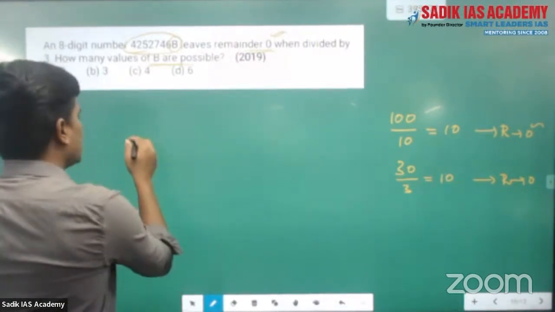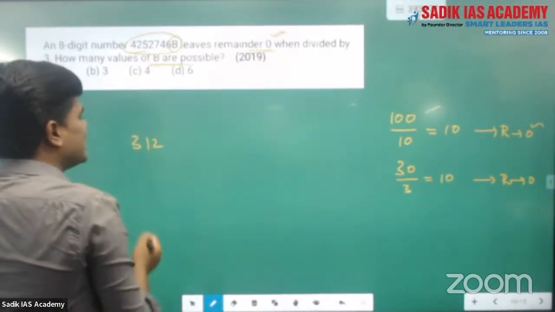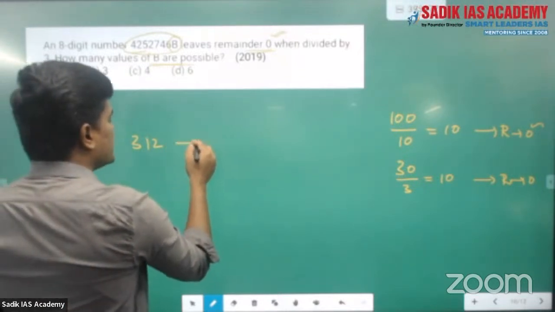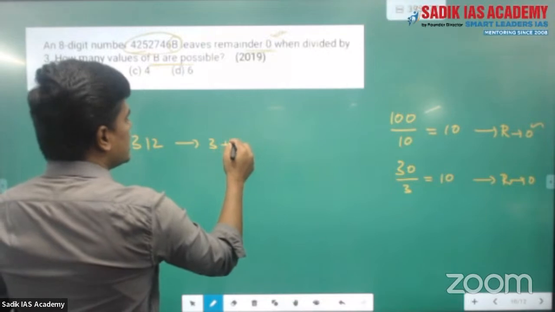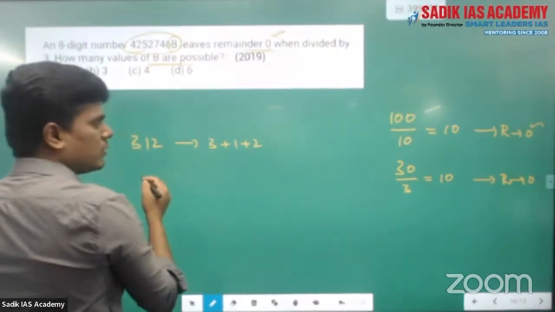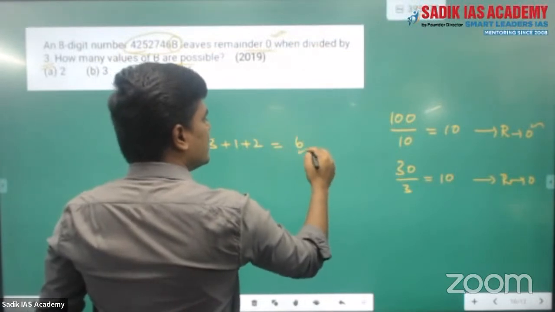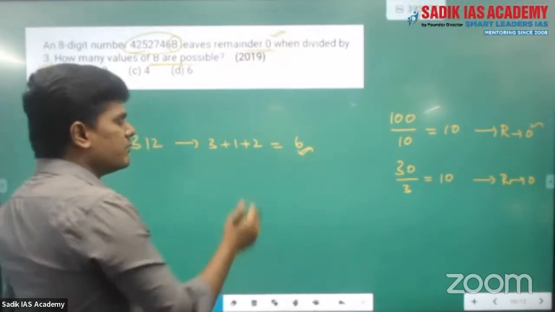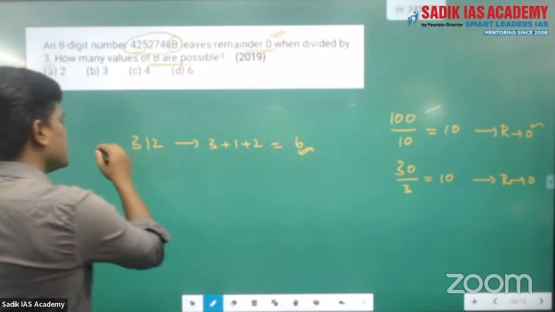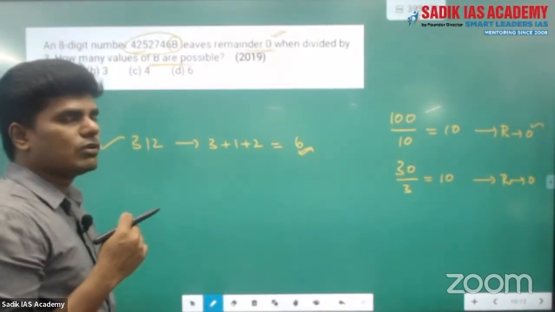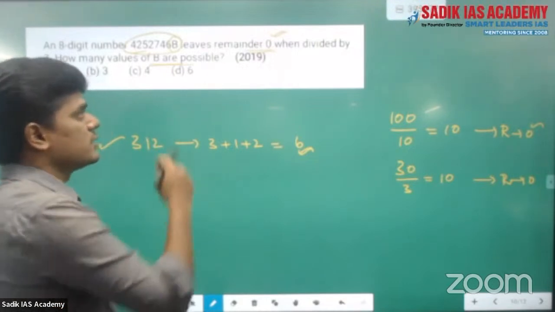For example, 312: is it divisible by 3 or not? How do I check it? I just add the digits in the number. I'm getting 6. 6 is divisible by 3, therefore this number is divisible by 3. This is the divisibility rule you must know to answer this question.